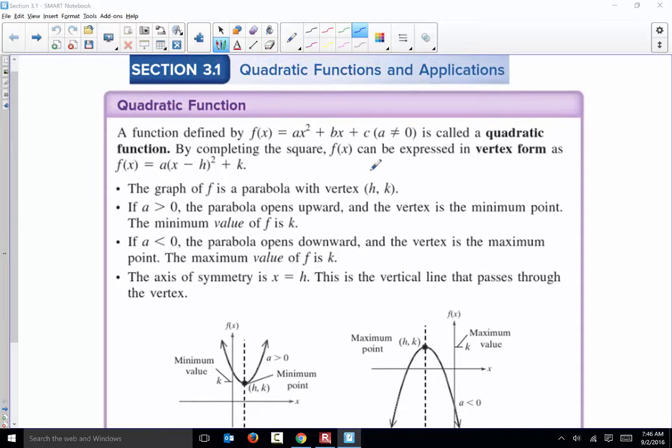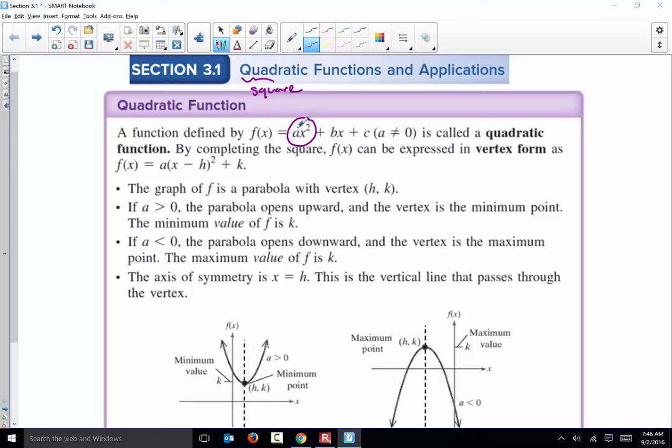Alright, let's first understand what the word quadratic means. Quad in Latin means square. Usually we use four for this, but here it means square. In these functions you must have a square somewhere, and that's right here.